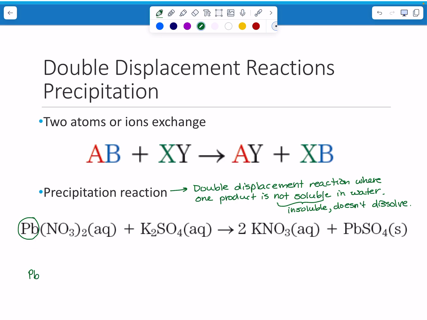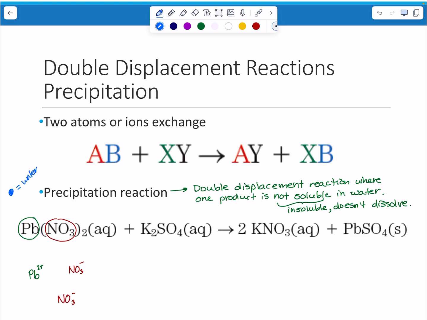There's my lead ion. Can somebody tell me what the charge on the lead is going to be? You can do it based on the formula, and if you remember, what nitrate? Yes, +2, because nitrate is NO3 minus, right? So when this thing breaks up into water, I'm going to draw water molecules as little blue balls.